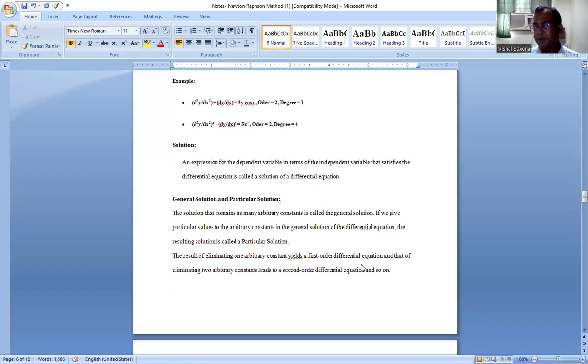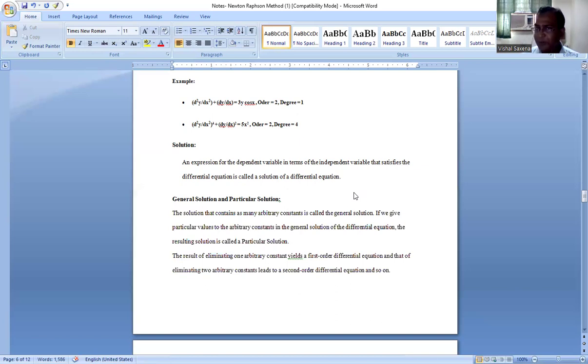And next, the solution. For any kind of equation, how to solve that equation is a very important point, because when we solve this equation, we will get its solution.